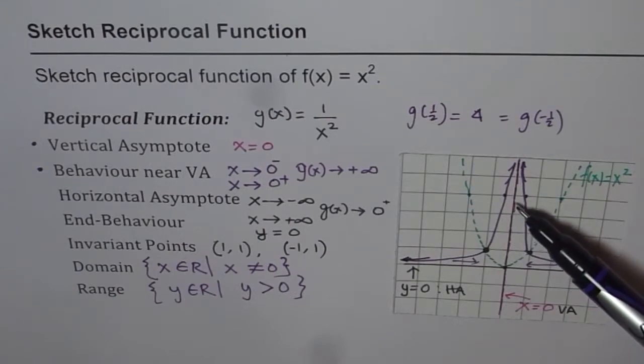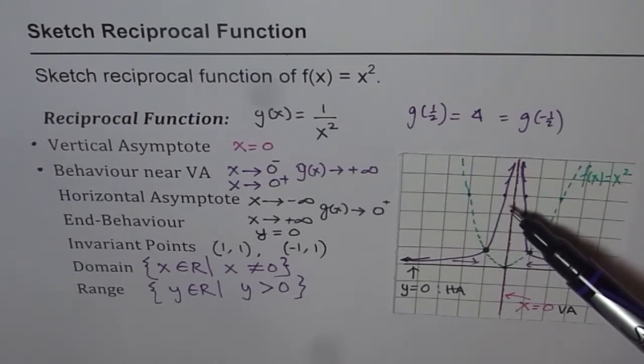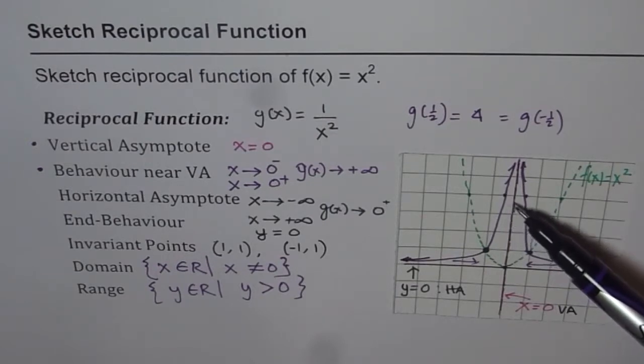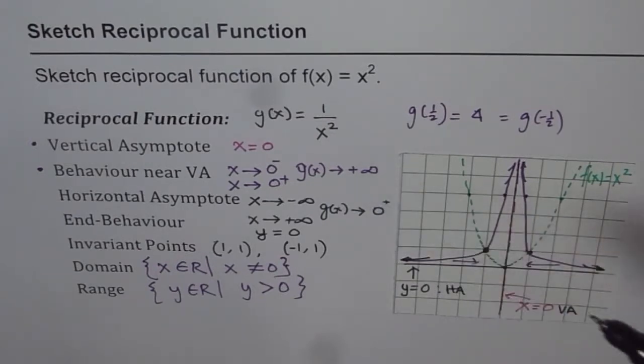Of course, your value is going to be very high, but we are more bothered about the sign, whether it's positive or negative. Since x squared is always positive, both will be positive. Then consider the horizontal asymptote, which really means: if x is infinitely large, whether positive or negative, does the value of the function approach a fixed value?